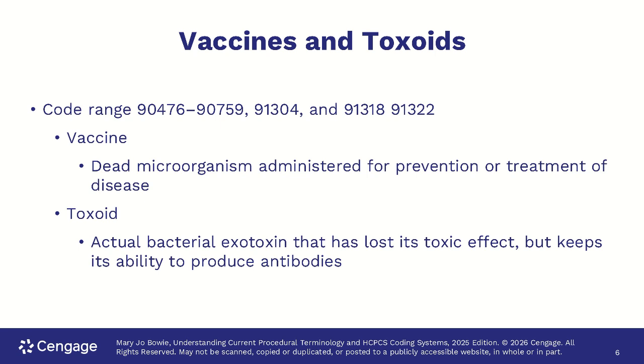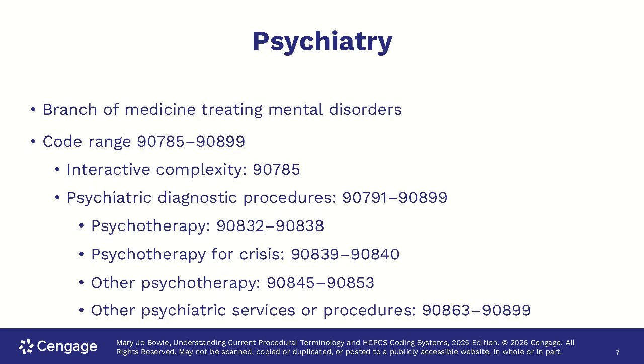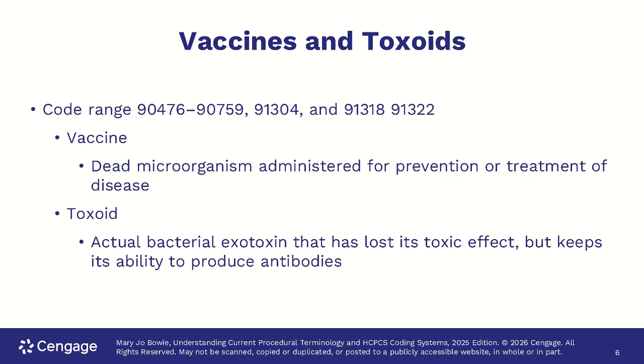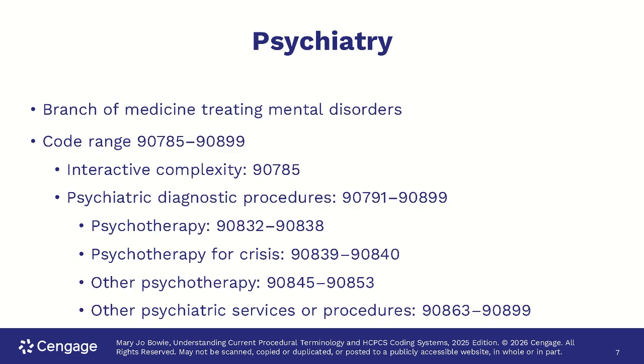And a live vaccine is one that was prepared from a live microorganism but has been thinned down and has kept the immunogenic properties. These are the codes for the actual little bottle of vaccine or toxoid that is administered to the patient. You accompany that with the vaccine administration. I still haven't shown you the codes for the administration of the immune globulin, so I want to call that out.